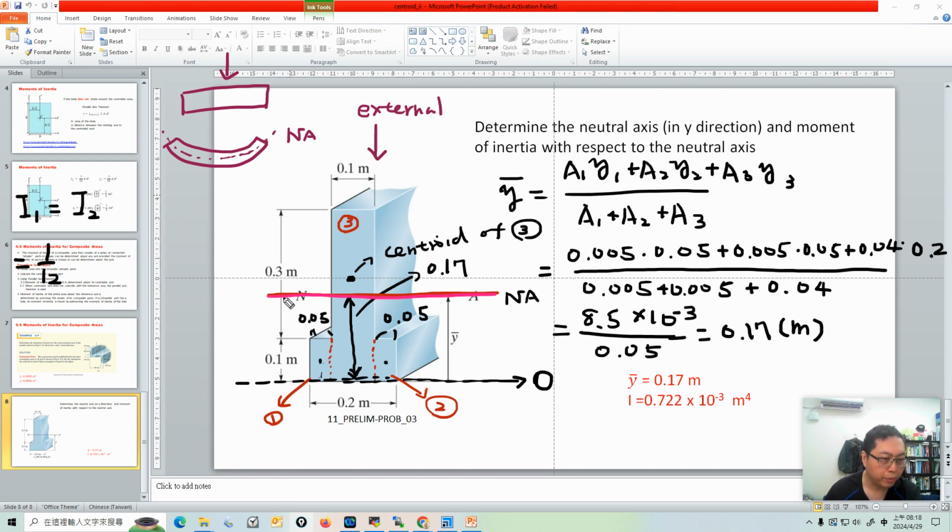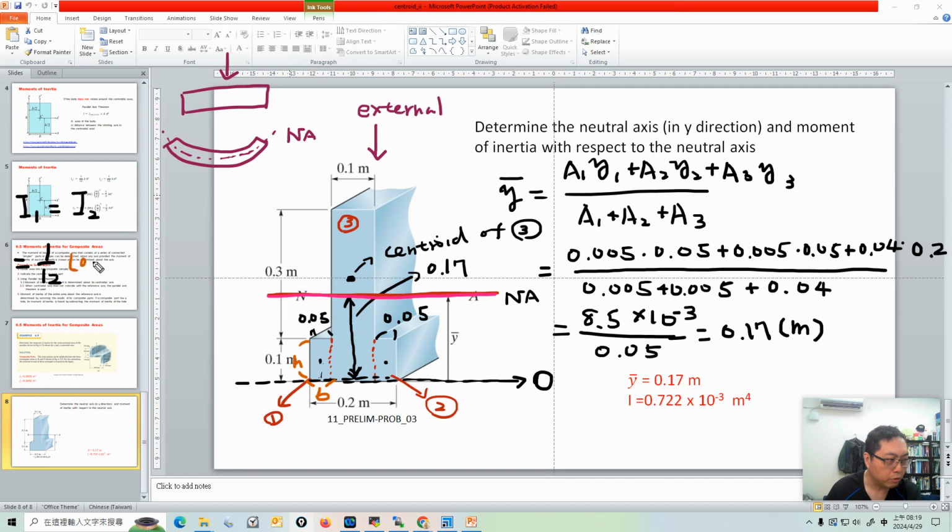So what is your b? Be careful. Right now this is the neutral axis, here is your rotational axis, so your b is here, and then this is your height.